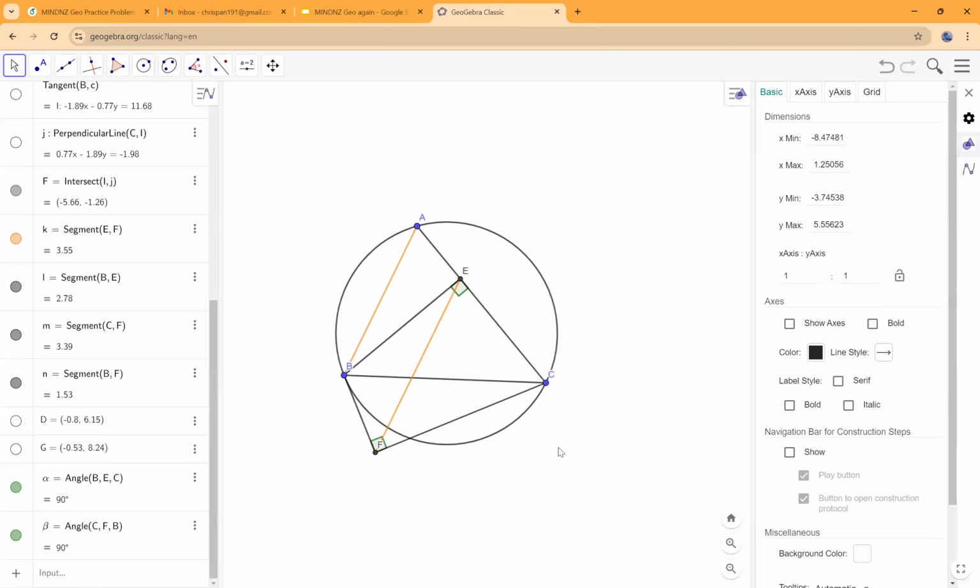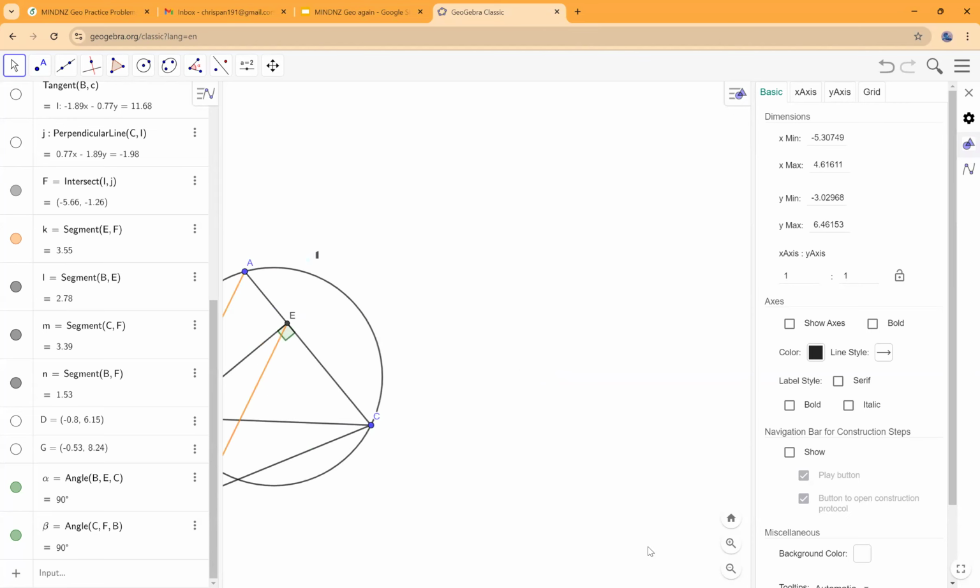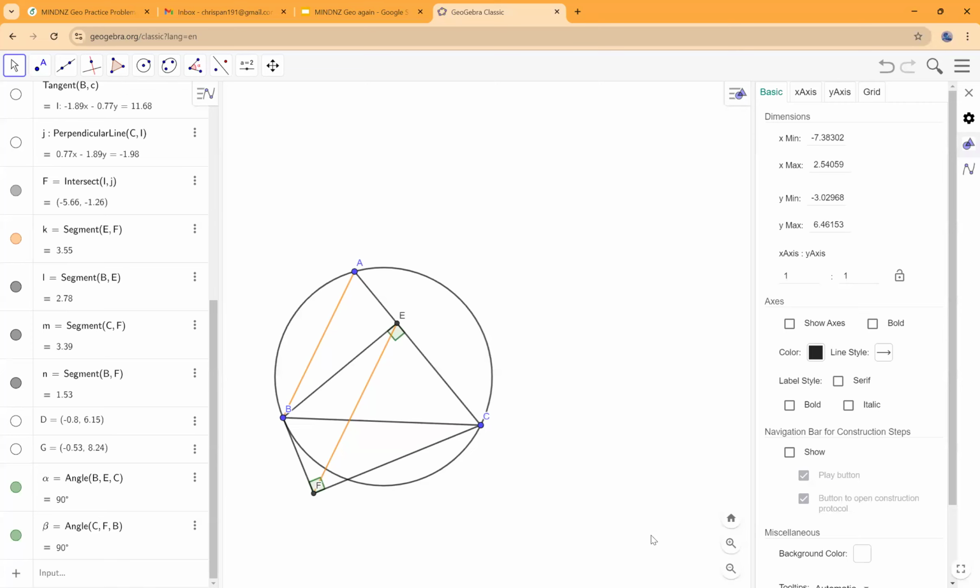Okay, that's fine. Does everyone here remember the alternate segment theorem? I think this was covered in a previous lesson. I went through some of the old material. No, okay, that's fine.